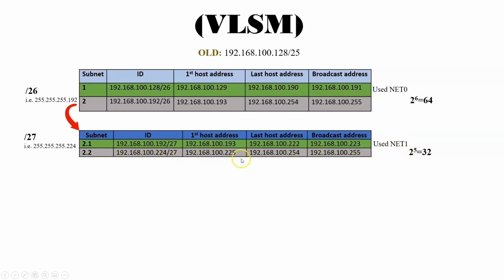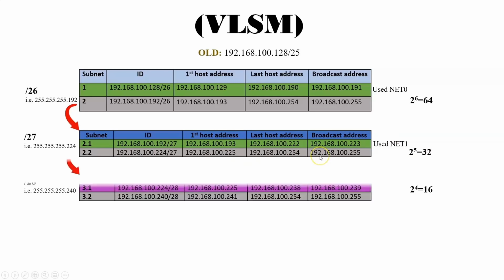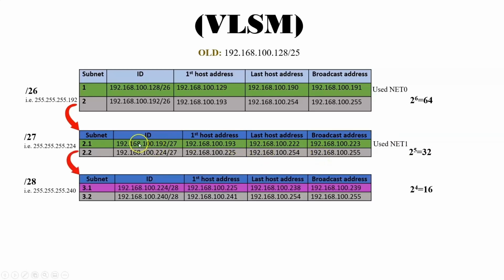And this subnet we further subnetted, okay, by borrowing 1 more bit, so /28, and the new subnet mask was 255.255.255.240, and we created 2 subnets.